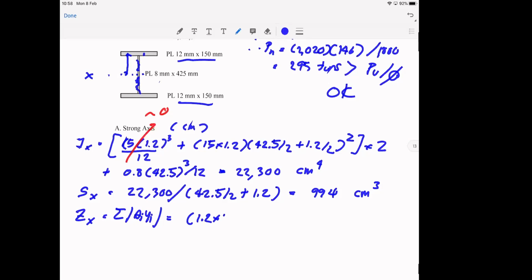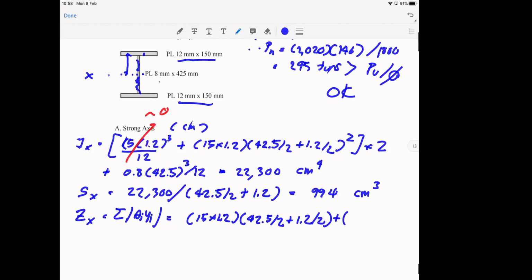Let's write the same way for both: 15 multiplied by 1.2, so the area is the same. Now the distance is the same, half the web, 42.5 divided by 2, plus half the thickness of the flange. This is A y of the flange.